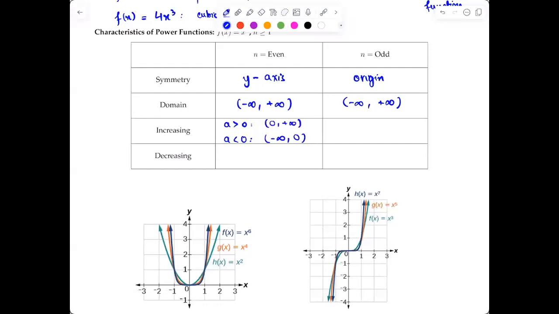Now, for odd functions with positive leading coefficients, increasing from negative infinity to positive infinity, so the function is always increasing. So when a is positive, negative infinity to positive infinity.